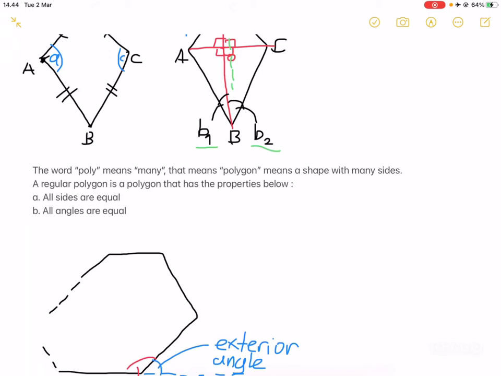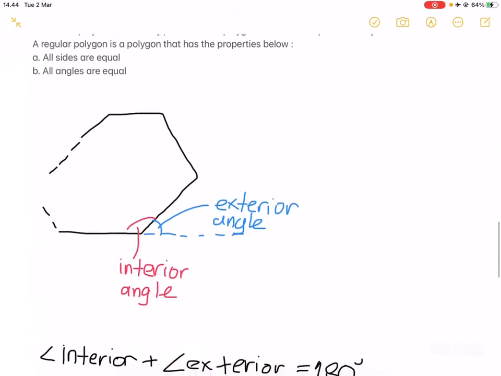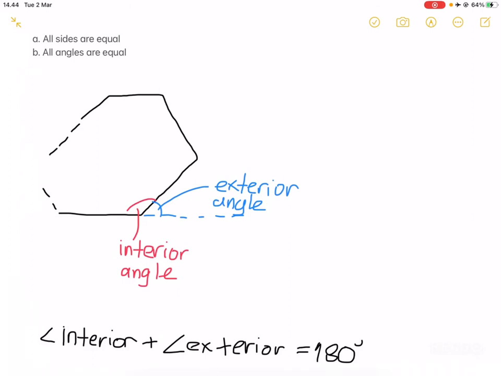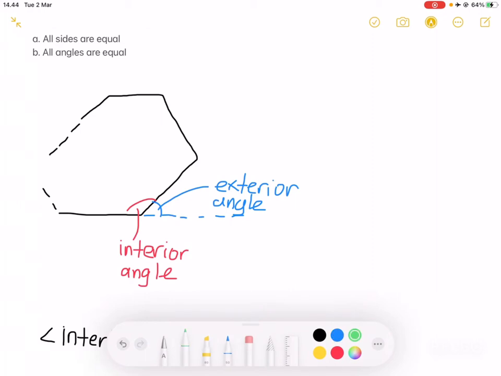So speaking of interior angles, I'm just going to talk about interior and exterior angles. And you must differentiate this from interior angles in parallel lines. What I mean by interior angles in this context is the angle inside the polygon as shown right here.